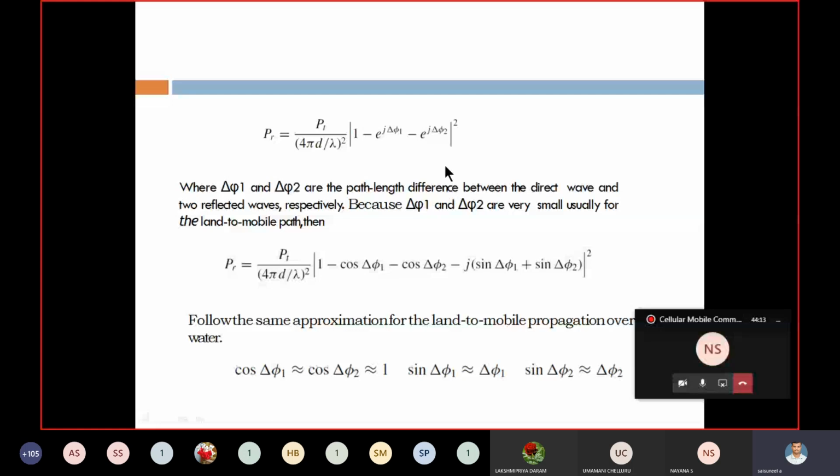To get an approximation, cos delta phi 1 and cos delta phi 2 equal 1, and sin delta phi 1 equals delta phi 1, sin delta phi 2 equals delta phi 2. Simplifying, finally we get PR equal to PT by (4 pi d by lambda) squared multiplied with (1 plus delta phi 1 plus delta phi 2) whole squared.